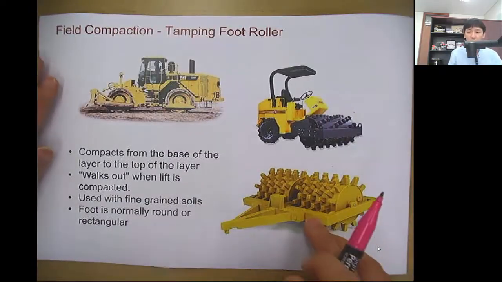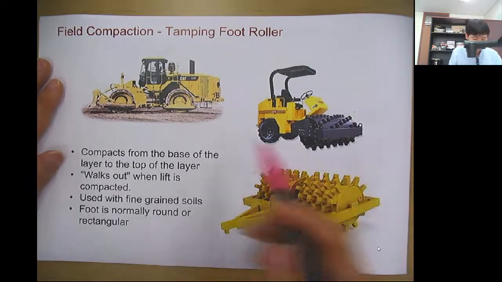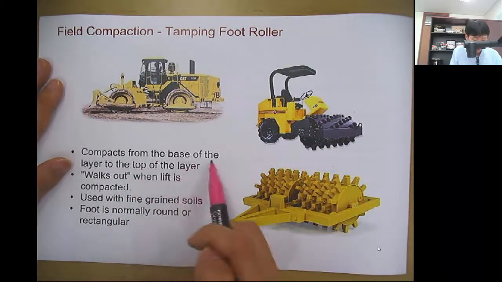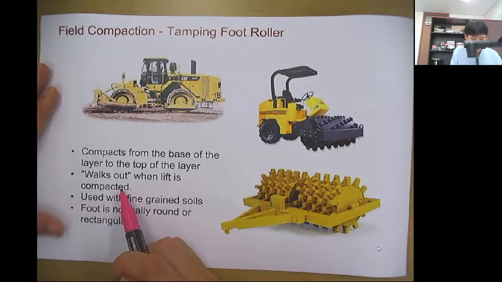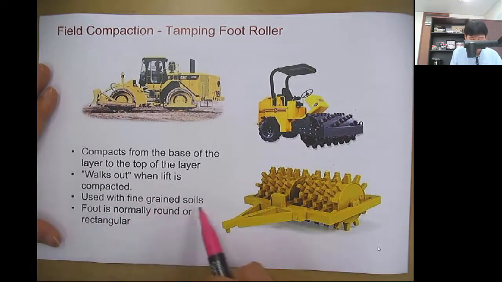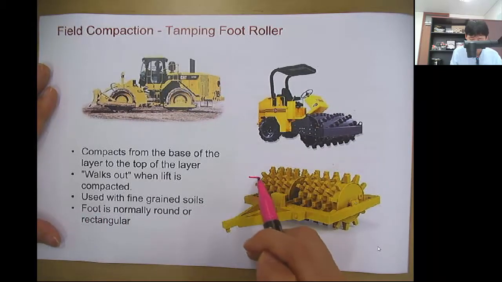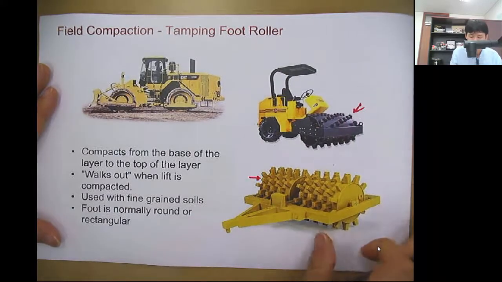The tamping foot roller compacts from the base of the layer to the top, and it walks out when the lift is compacted. It's used with fine grain soil, and the foot is normally round or rectangular. You can see that this one is rectangular, and this one too.